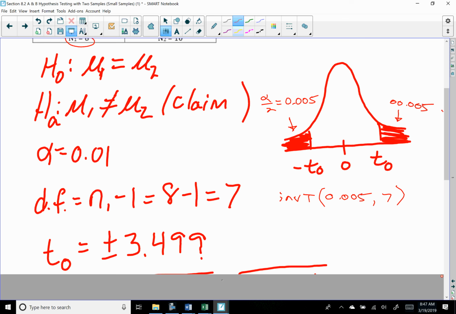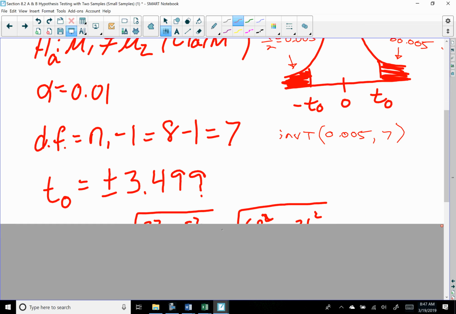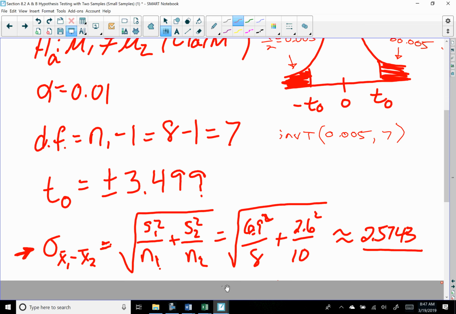Now, since the variances are not equal, I can calculate my standard error for my standardized test statistic the easy way, right? This is the easy calculation for standard error. So standard error is the square root of S1 squared over n1 plus S2 squared over n2. In this case, I get 2.5743.